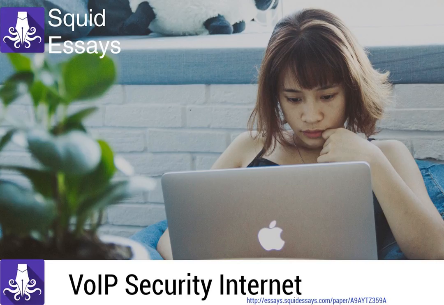The Internet Key Exchange, IKE, protocol is used for setting up the IPsec connections between terminal devices. The caller encrypts the voice call with a secret key and sends it to the remote user. The callee decrypts the voice call and recovers the original voice packets.